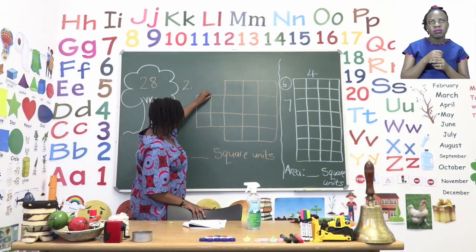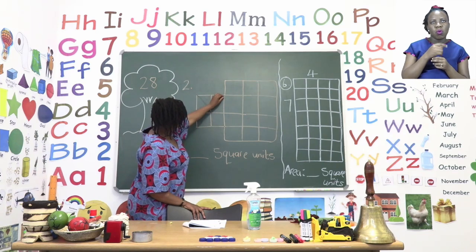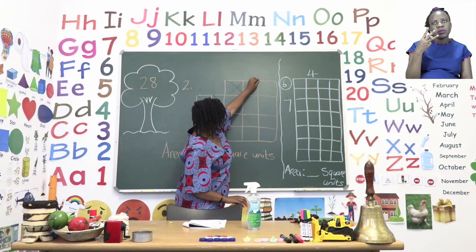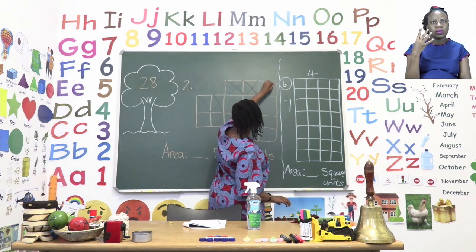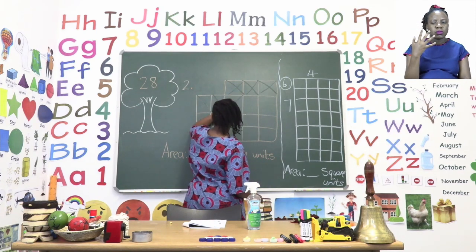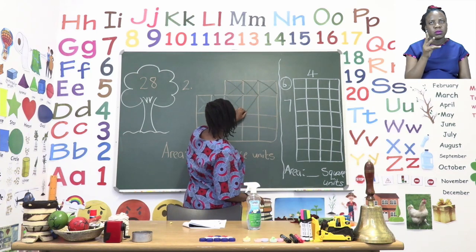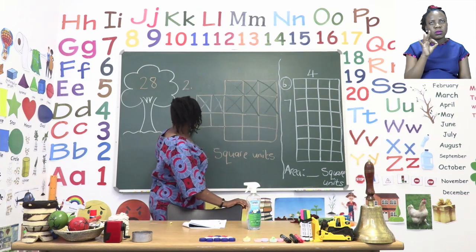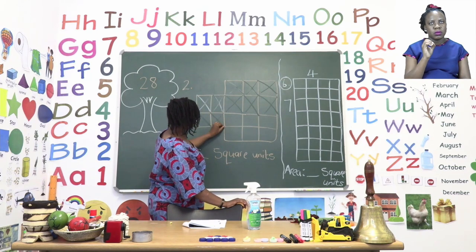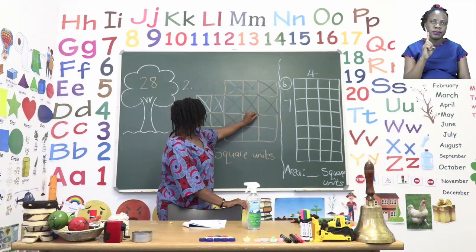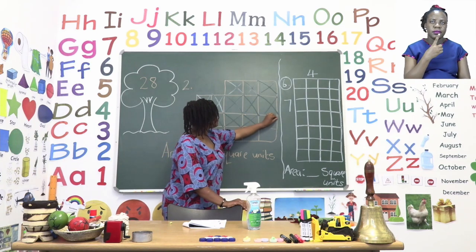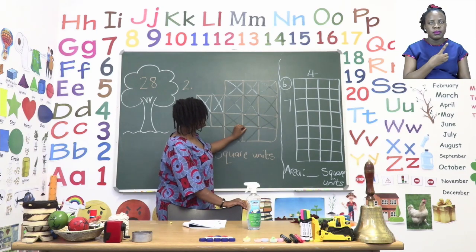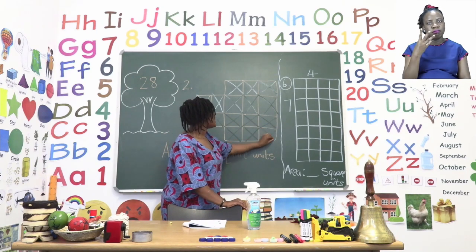So we count by saying 1, 2, 3, 4, 5, 6, 7, 8, 9, 10, 11, 12, 13, 14, 15, and 16.